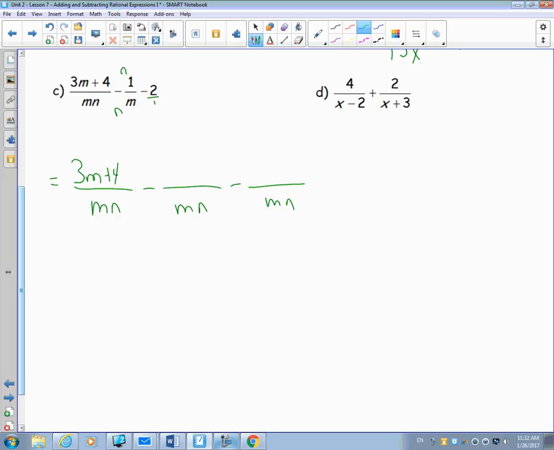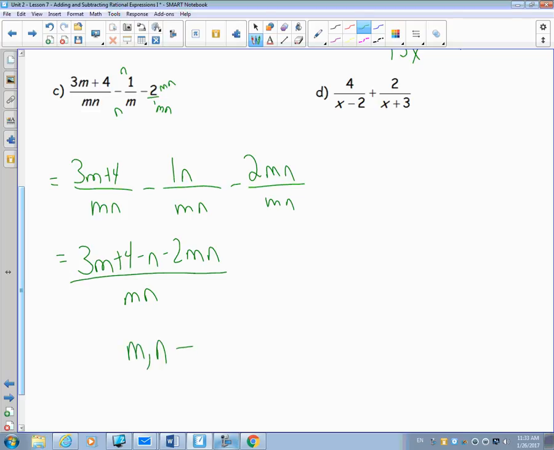The last one, I have to multiply by m and n. Okay? Collect my like terms on top, of which I notice there aren't any. So really, this time, I'm just going to write out the expression all together into one single fraction. Restrictions, m and n, both on the bottom, can't be 0. Done.